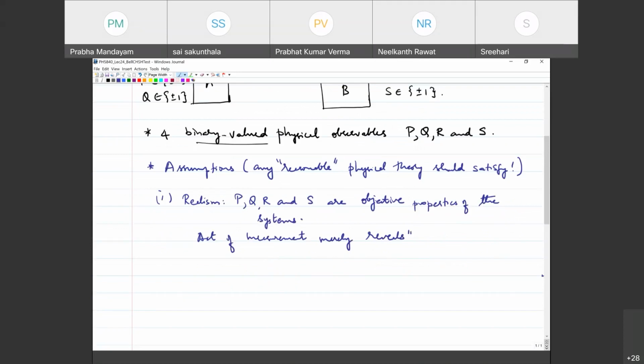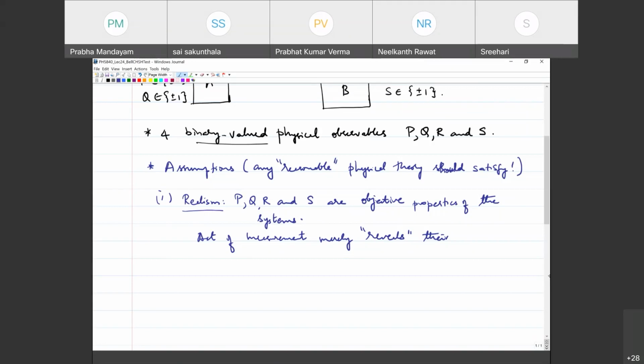This goes back to what I think someone asked me in the very initial days of this course about what is the value of the spin of this particle before it enters the Stern-Gerlach setup, right? So there is a school of thought which says that all physical theories must have objective reality, right? Which means that quantities should take on some inherent values. That's what our classical intuition tells us, right? Our act of observing the particle is simply to reveal the value of this inherent property. It is not something which is decided at the point of measurement.